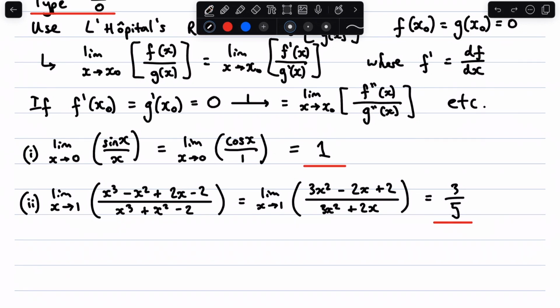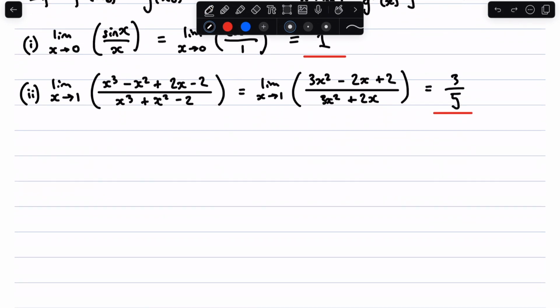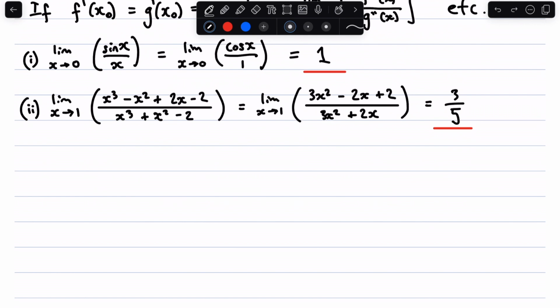Or another way that's equally valid for proving this second function is to substitute in x equaling 1 plus h, so that our limit is as h tends to 0.